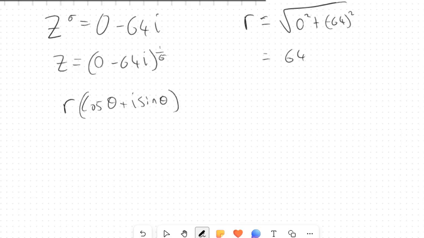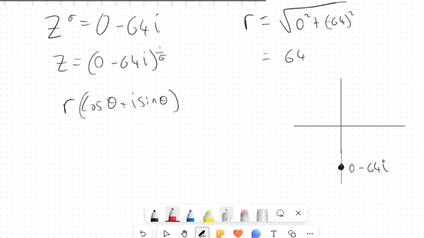And then we need to get the angle as well. If we're to sketch out where that is, it would mean that you're going across to 0 and up to 64. Obviously, so it'll be up here. Oh, sorry, it's minus, so it should be down underneath. So it'll be down here, so that's 0 minus 64i, that's where it is on the Argand diagram.